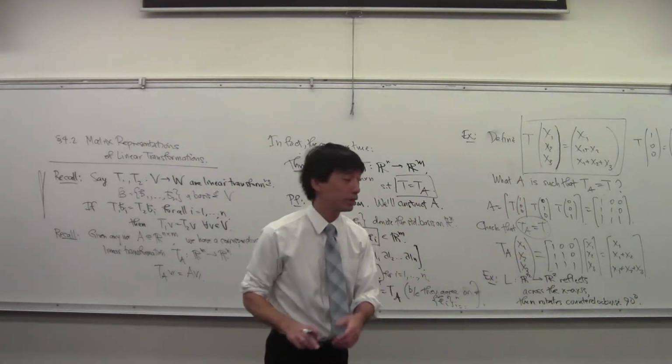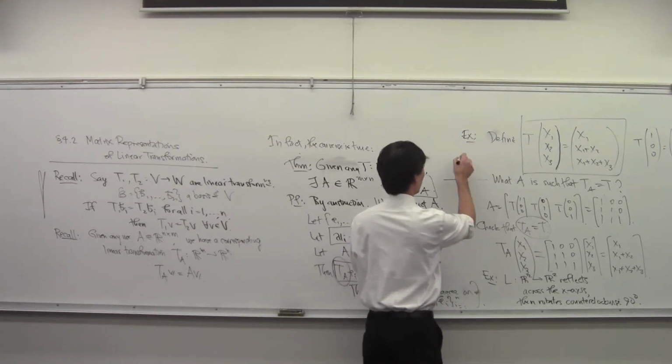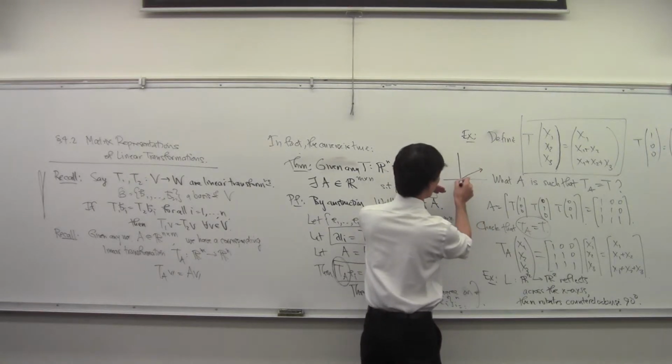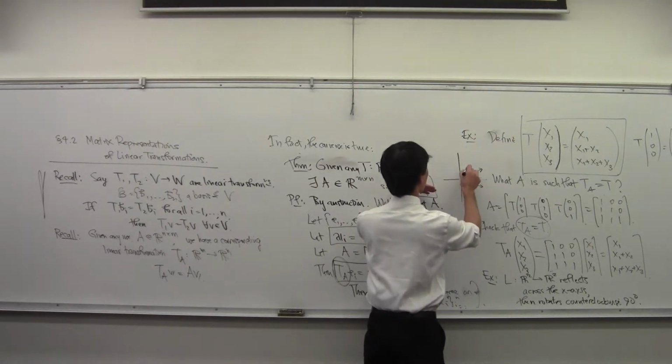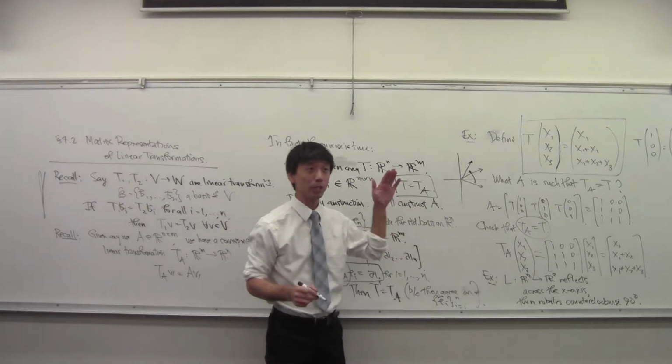So if you give it a vector, it reflects across the x-axis, and then it rotates it 90 degrees. Reflection followed by rotation.